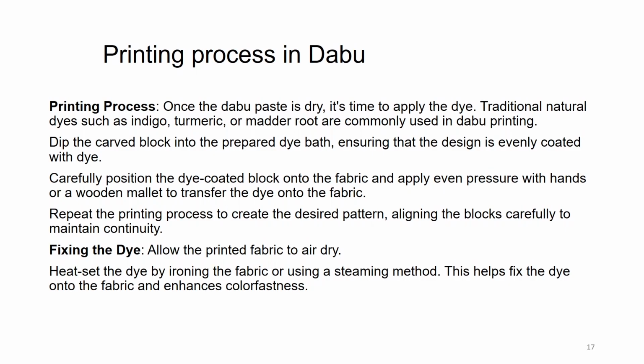Carefully position the dye coated block onto the fabric and apply even pressure with hands or wooden mallet to transfer the dye onto the fabric. Repeat the printing process to create a desired pattern, aligning the blocks carefully to maintain continuity.